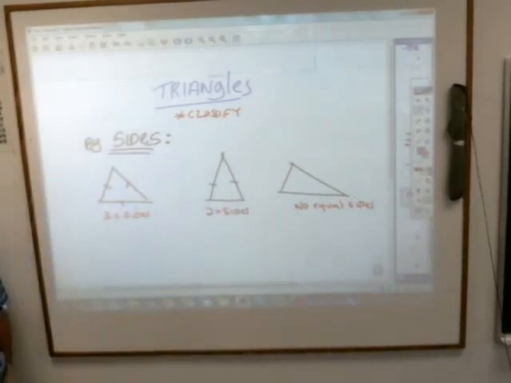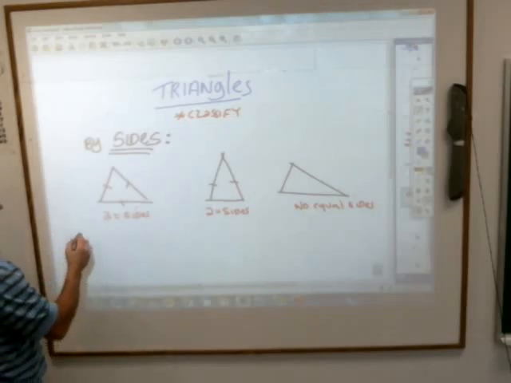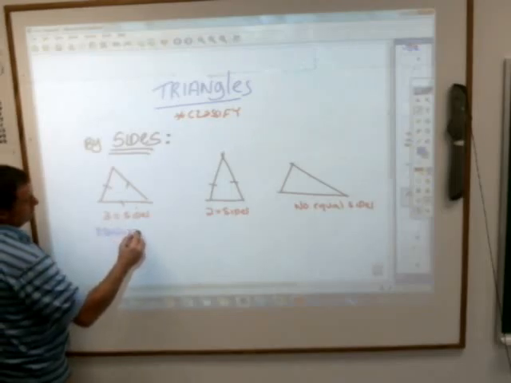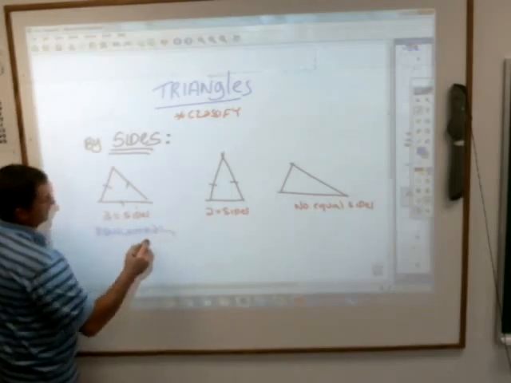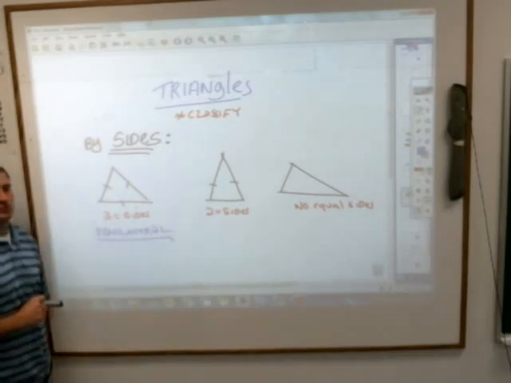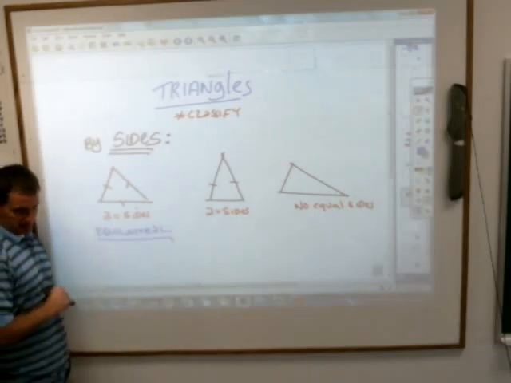Three equal sides is called, Ashley? Equilateral. We're not done yet. Equilateral triangles, because all three sides are equal, have some special characteristics besides having three equal sides. Colton, give me something that you know is true about an equilateral triangle.